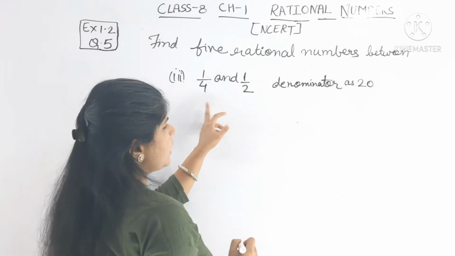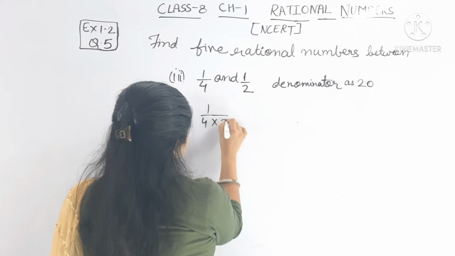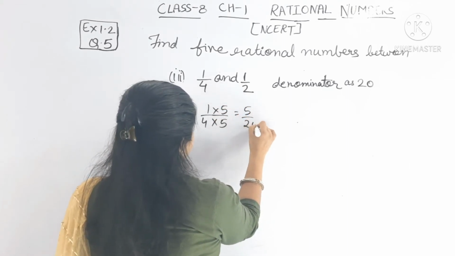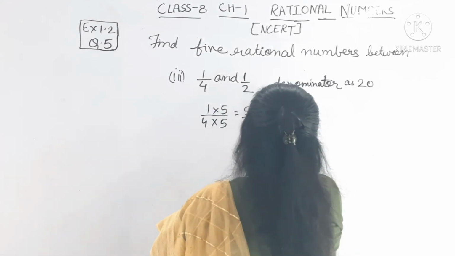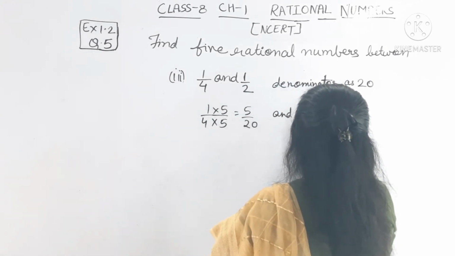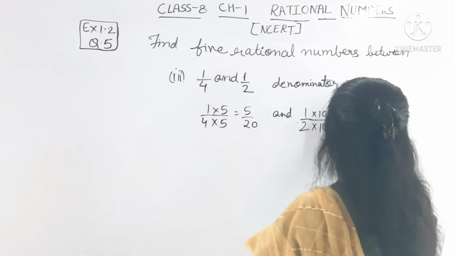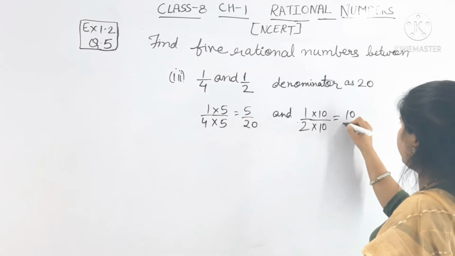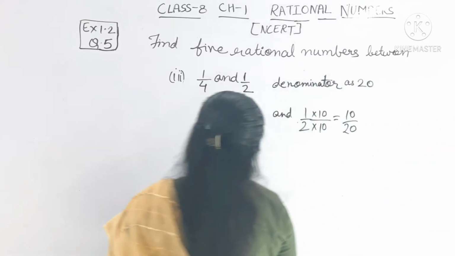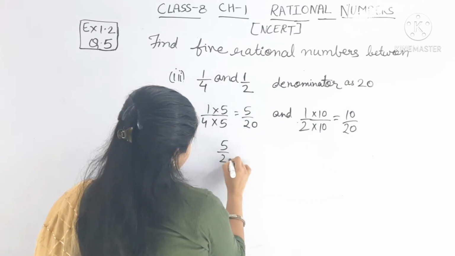In both we can write 20. Like 1 by 4, 5 fours are 20, we know, so I am writing 5 by 20. And for 1 by 2, if we multiply numerator and denominator by 10, we get 10 by 20, right? So between 5 by 20 and 10 by 20, which rational numbers come?